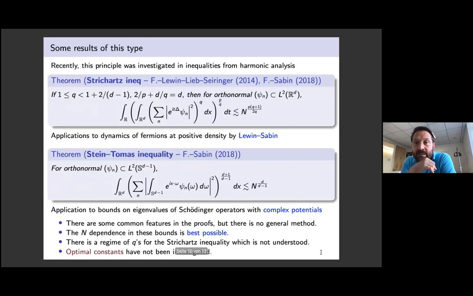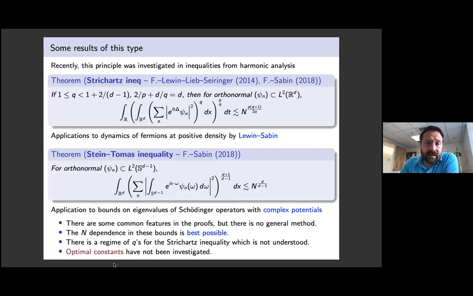And so in the last 10 years or so, we've looked at other manifestations of these principles in the area of harmonic analysis. The first thing which I present here is a version of the Strichartz inequality for orthonormal functions.